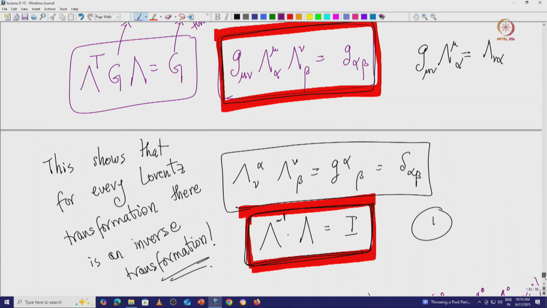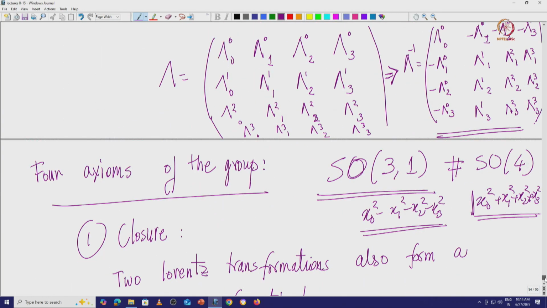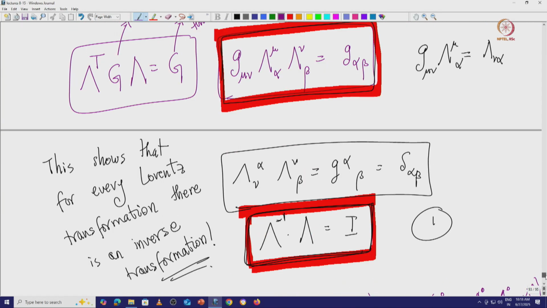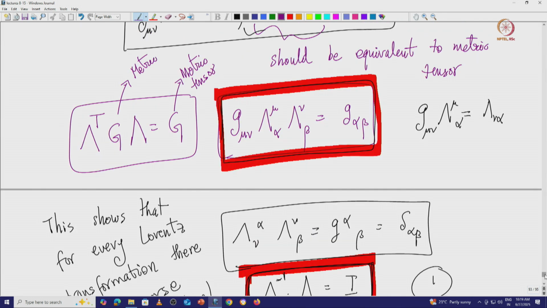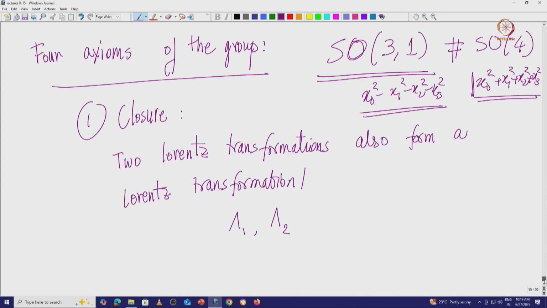In orthogonal groups, O transpose O should be 1. But they should also leave the metric invariant, which can be written as lambda transpose G lambda equivalent to G. This is the same condition.